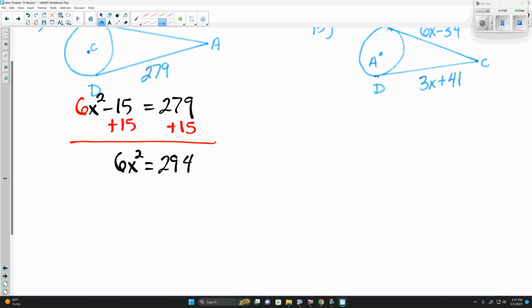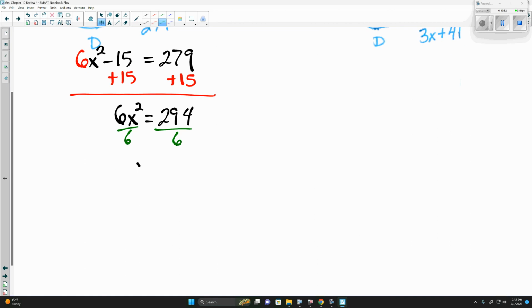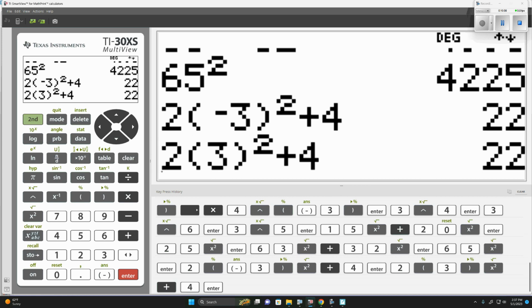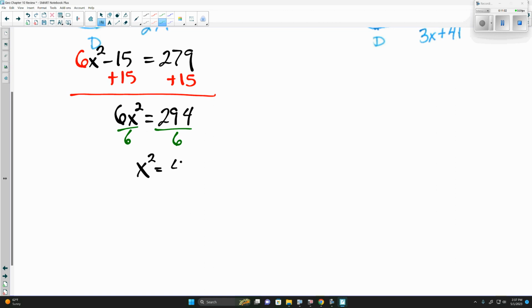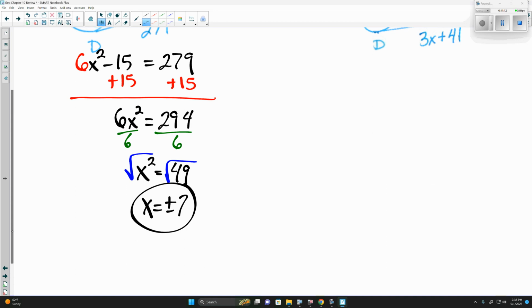Now at this point, we can divide both sides by 6, so we're going to take 294 and divide it by 6. Then we have to square root both sides, telling us x is equal to plus or minus 7.